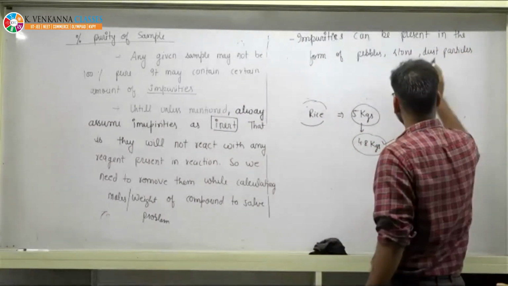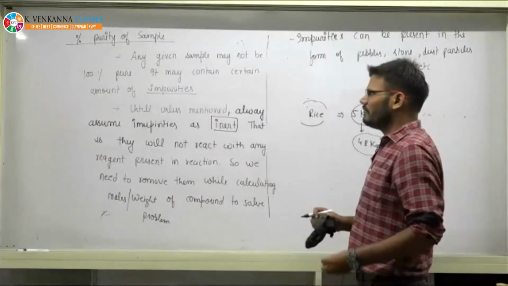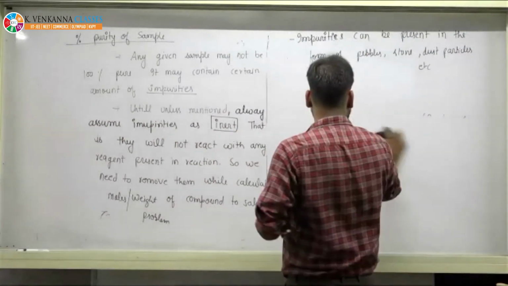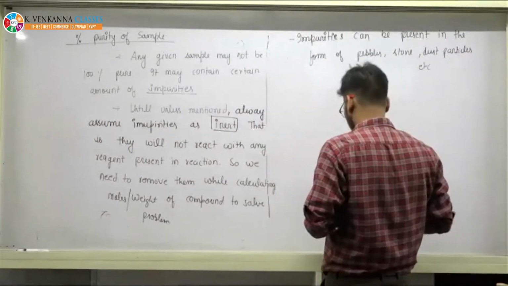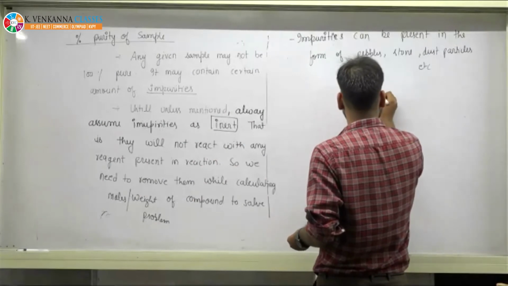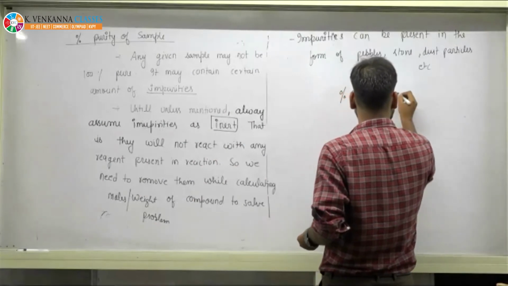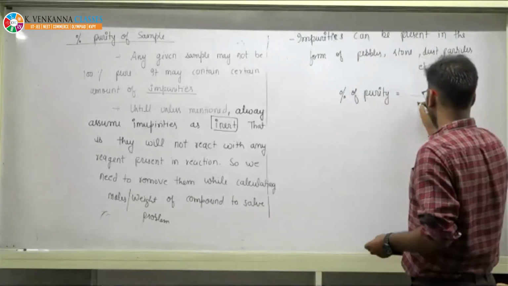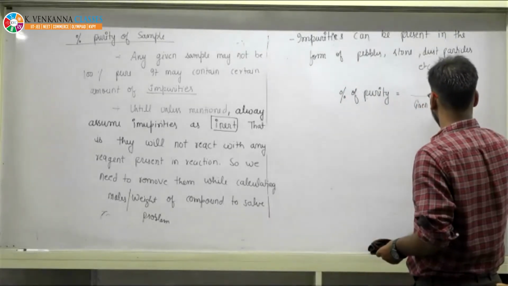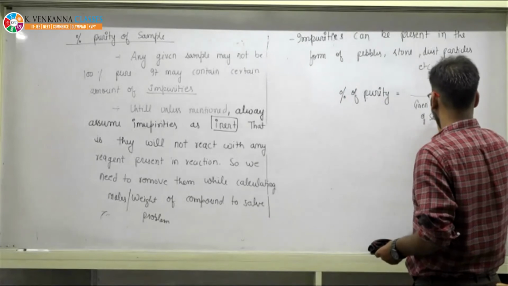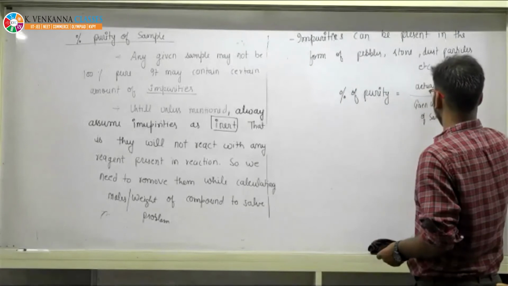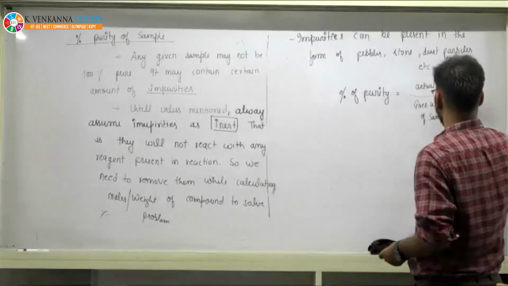So in whatever questions we have done, they might have given a percentage of purity. So how do you calculate percentage of purity? It is the actual weight of compound upon the given weight of sample, into 100.